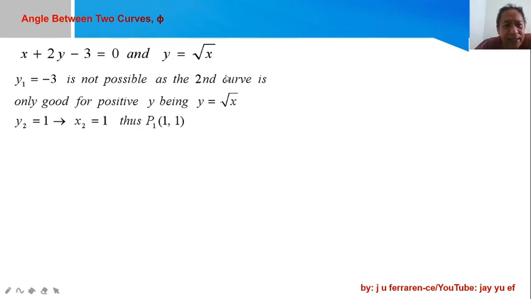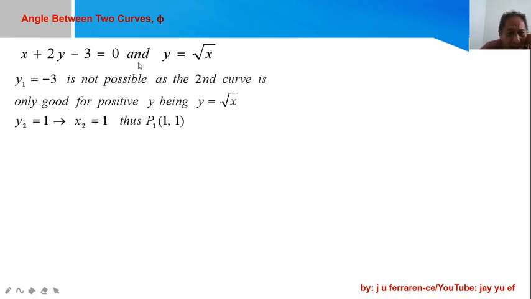Why? In the second curve, the only value for y is a positive value because y is equal to the square root of x, which will not produce any negative result. So I simply disregard the first value, which is minus 3. So the only value of y that is considered in the point of intersection is 1.